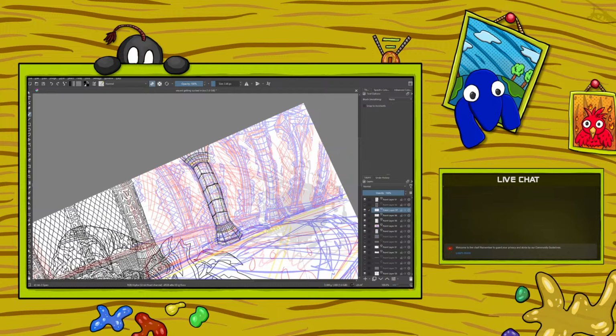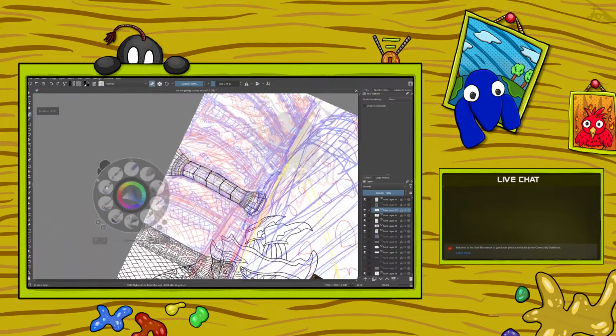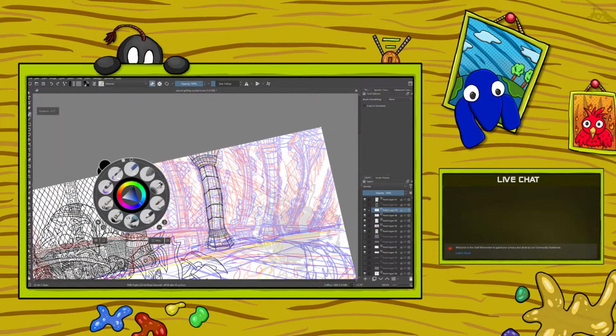Now we actually have the perspective on the pillar correctly. And with that, I can now redraw this again, and then it should be fine.